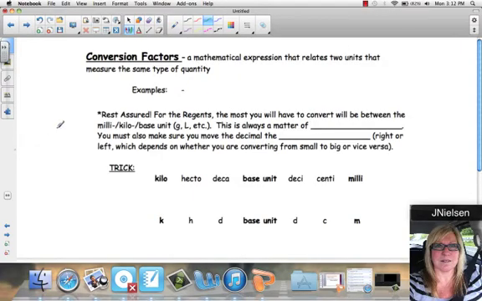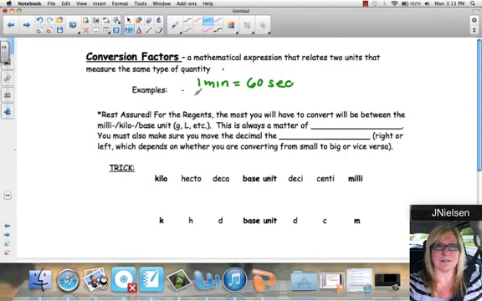A conversion factor is simply a mathematical expression that relates two units that measure the same type of quantity. So, for example, I'm going to use some things that you already know. You know that 1 minute equals 60 seconds.